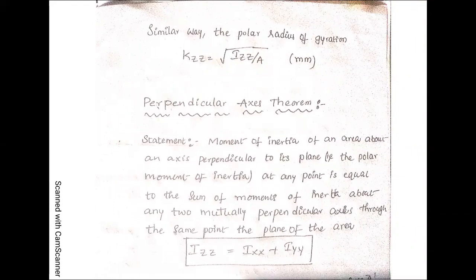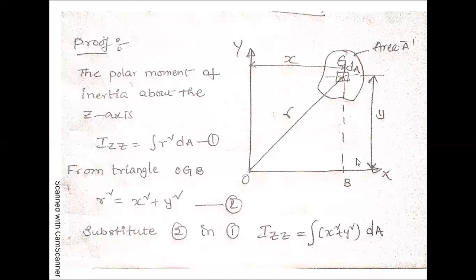We have a proof for this. If you go to the proof, the same object, the area of the object is A, and its centre of gravity is G. Let us consider an element area dA at its location. This element is located y from the x-axis, and x from the y-axis.